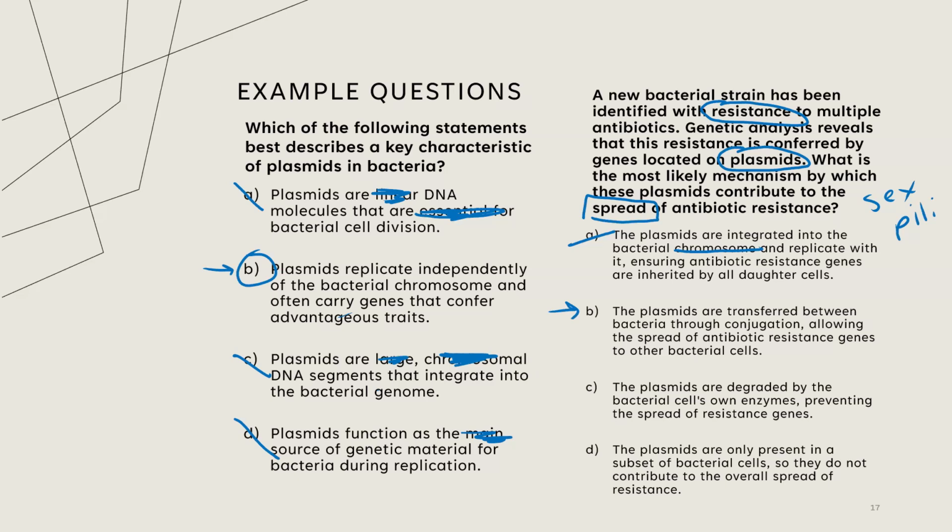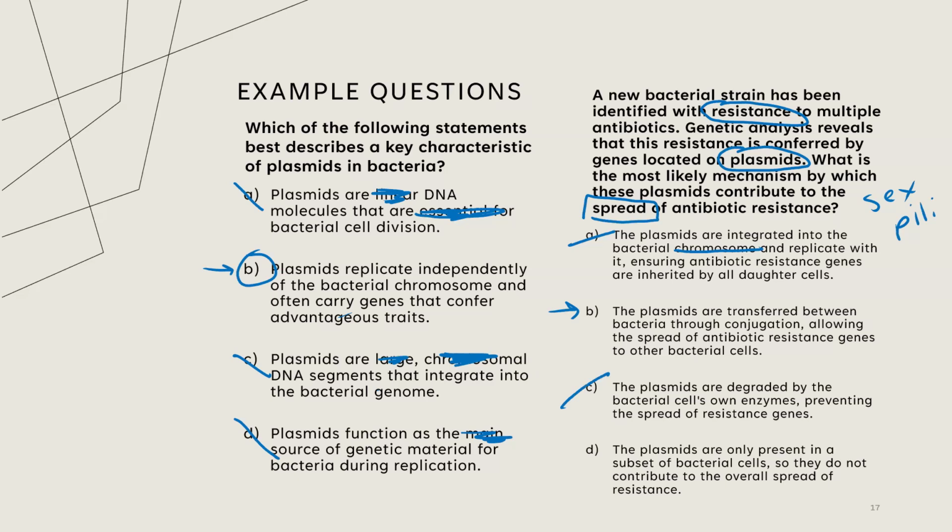C, the plasmids are degraded by the bacterial cell's own enzymes, preventing the spread of resistance genes. That doesn't make sense, because why would you want to prevent the spread of resistance genes? This is talking about spreading them, so that's not the choice.